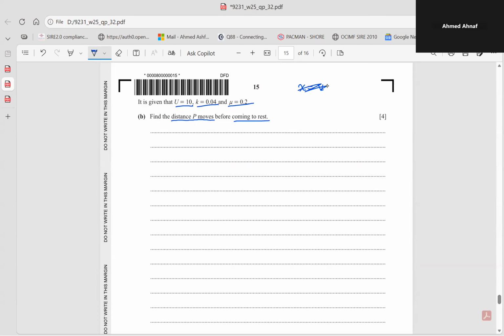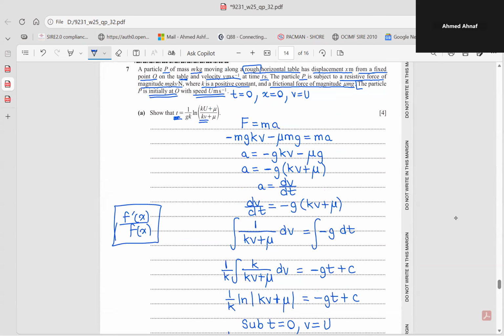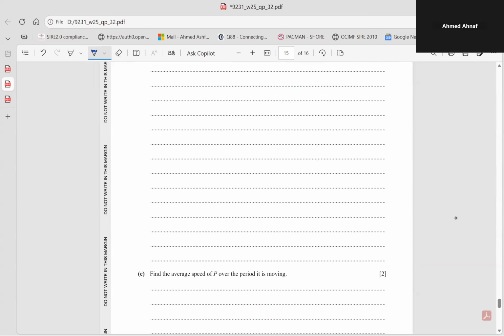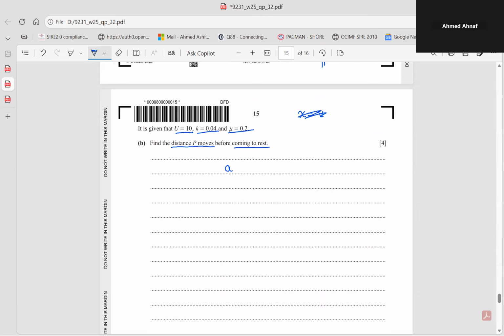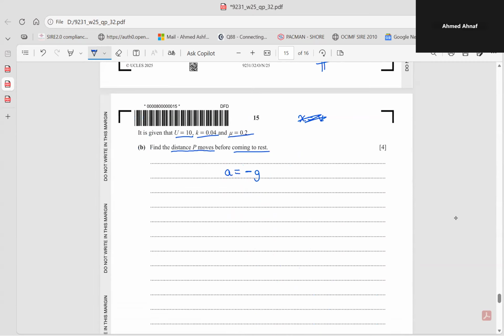So let's take the original expression that we had, which is a equals minus g bracket kv plus mu. So k is 0.04, so 0.04 v plus mu, so plus 0.2.